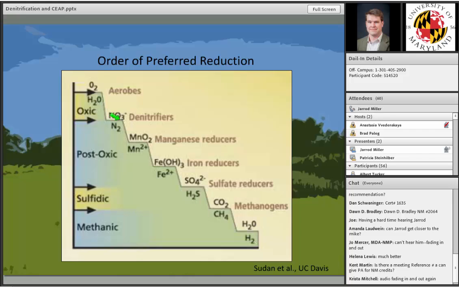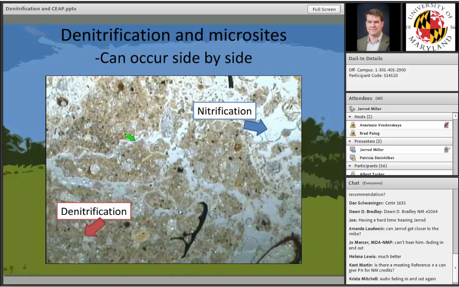The issue with this scale is a lot of people think that it's just going to happen in this order, but because soils can be complex, it's not necessarily going to occur in the order given, or you can have both reactions occurring in the same environment. So over here this is actually a slice of soil.